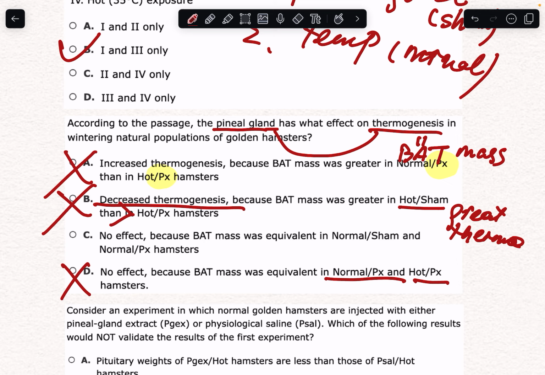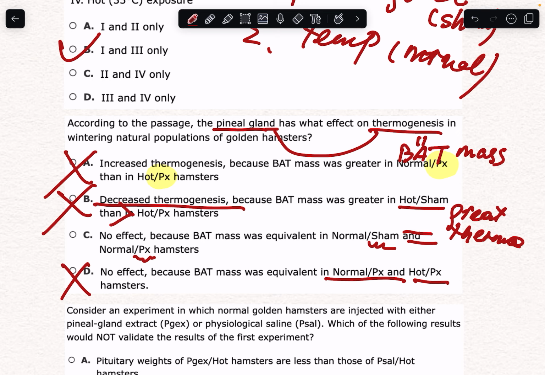C says no effect because BAT mass was equivalent in normal sham and normal PX, okay? So yeah, I like that it's comparing between sham versus PX, right? So that I can know the effect of pineal gland because sham is, once again, with the pineal gland and PX is without the pineal gland, okay? And then they are under same temperature, okay?